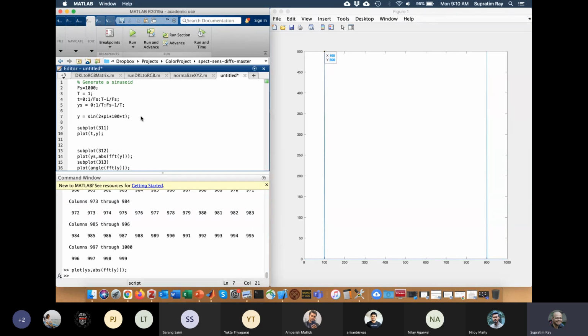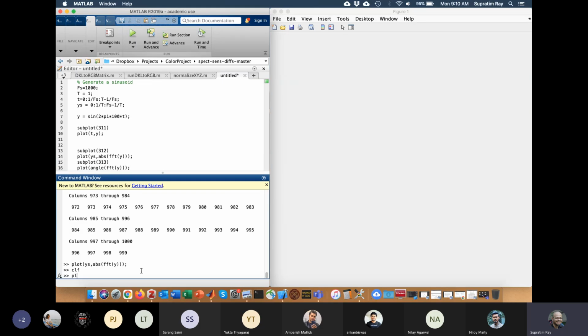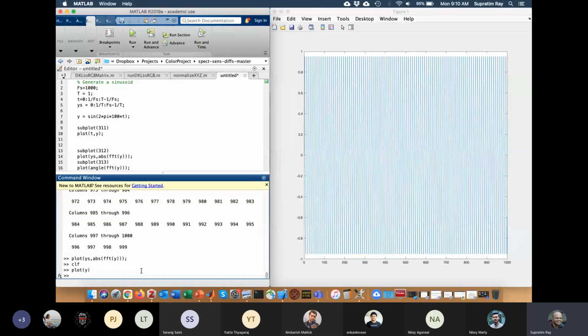So sine 2 pi 100t. What's the amplitude of this sinusoid? This is how it looks. What is it?